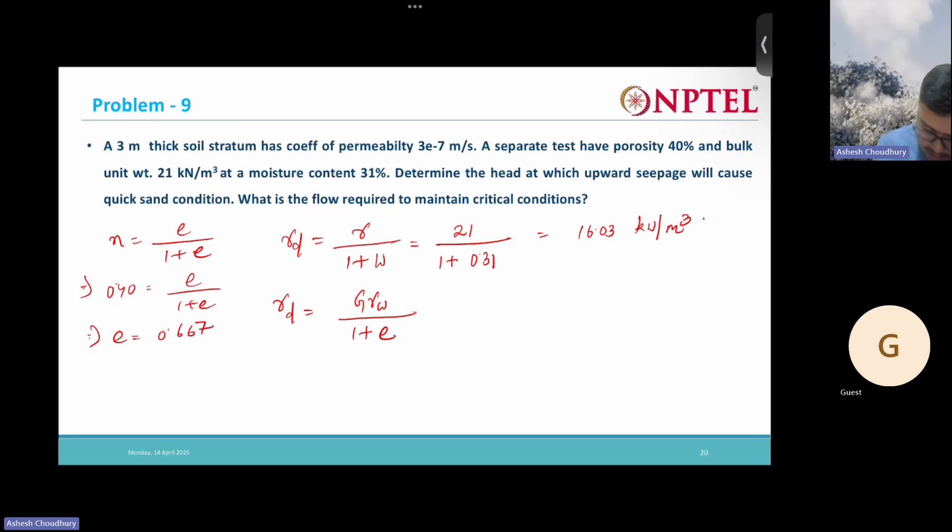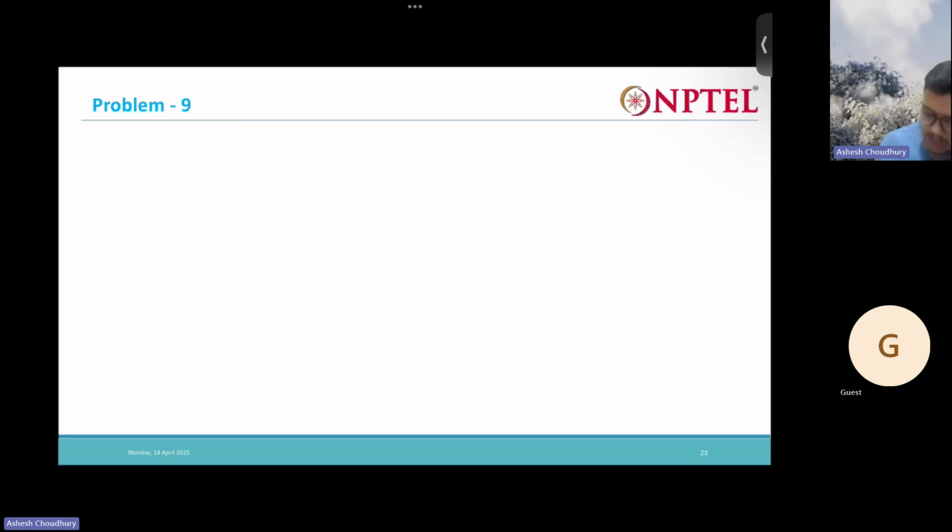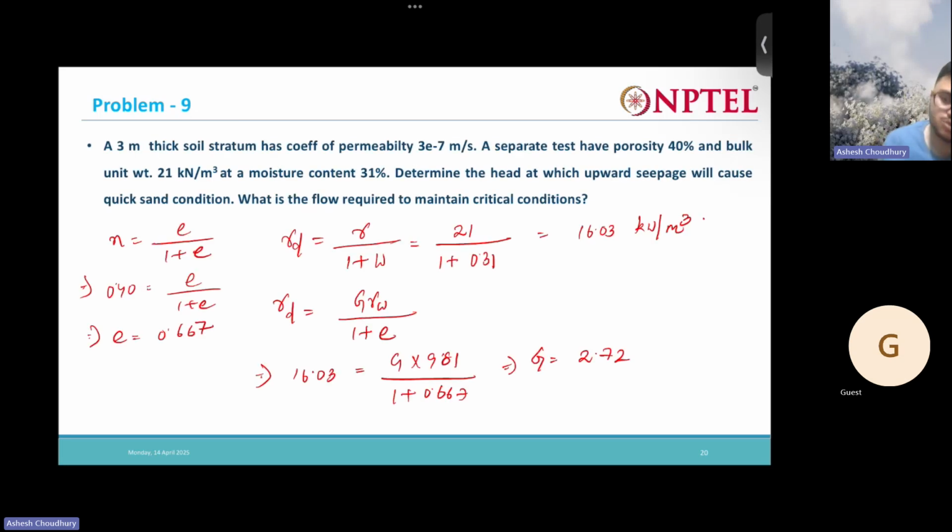So we can get it this way. 16.03 is equal to G into 9.81 by 1 plus 0.667. From here I can get G s as 2.72. Okay, the specific gravity of soil solids is 2.72.